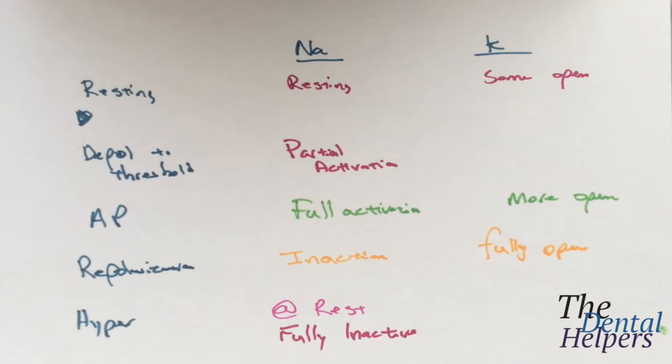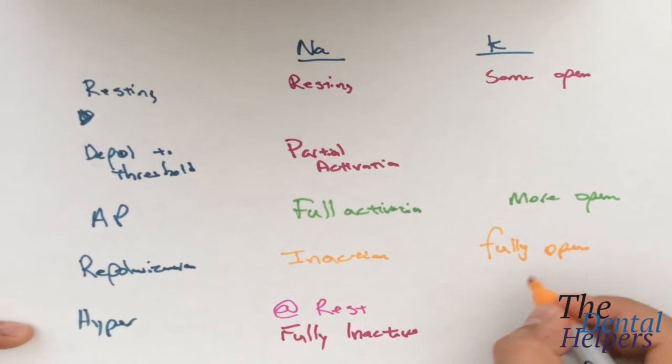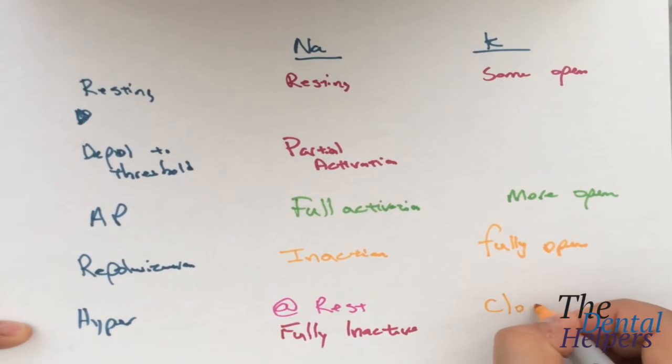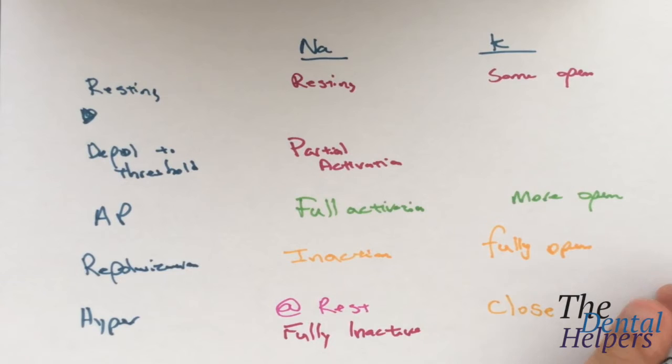Now, in terms of the potassium, the sloths have gotten tired, so they're going to close our potassium channels. And this is going to allow for our next action potential to occur. So I hope that makes a little bit more sense, kind of seeing what's happening to each of these channels.